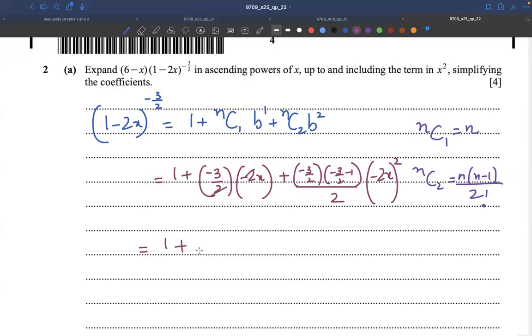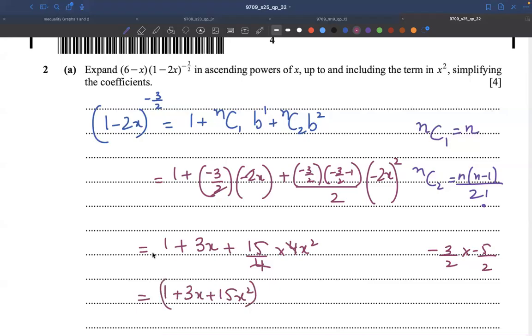So this will become 1 + 3x, and -3/2 - 1 is -5/2. So -3/2 into -5/2 is 15/4, and the 2 goes in the denominator. So this will become plus 15/8 into 4x². The 4 cancel. So the expansion is 1 + 3x + 15x²/2.